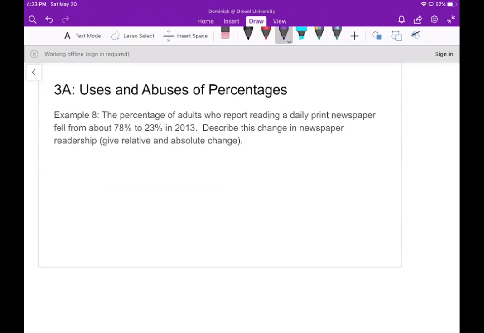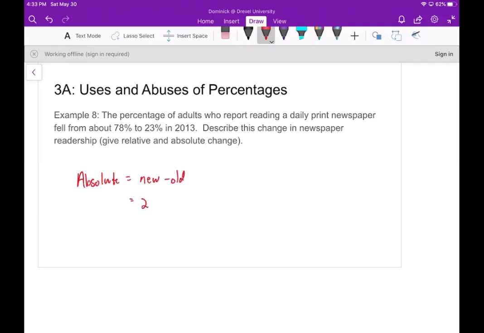So in example 8, the percentage of adults who report reading a daily print newspaper fell from about 78% to 23% in 2013. We want to describe this change in relative and absolute terms. Now, for absolute change, again, you want to do new minus old.